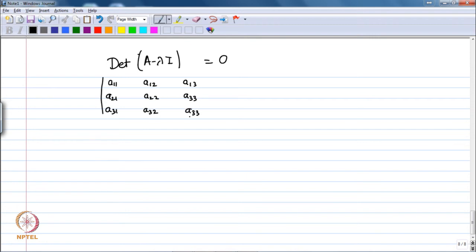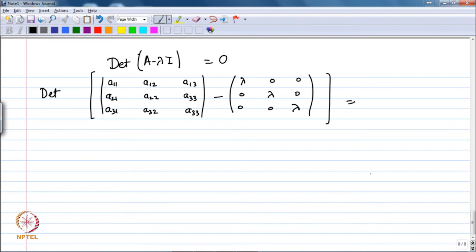Now if you subtract lambda I, which is lambda 0 0, 0 lambda 0, 0 0 lambda, this is A minus lambda I, and you have the determinant of this equal to 0.